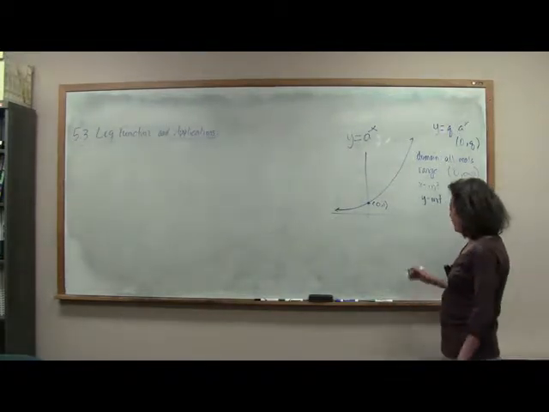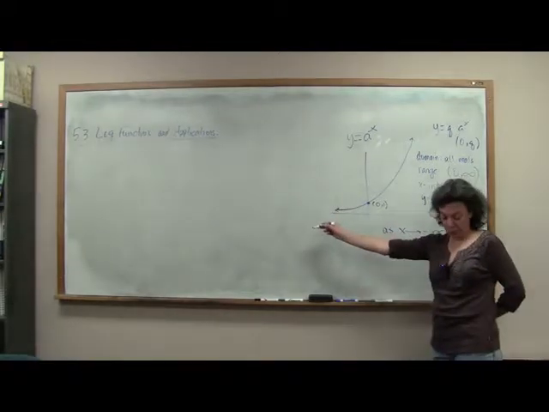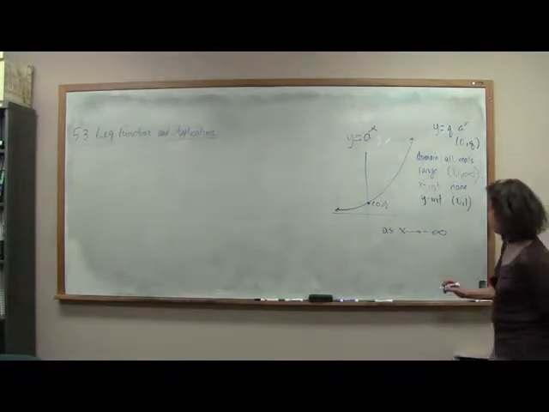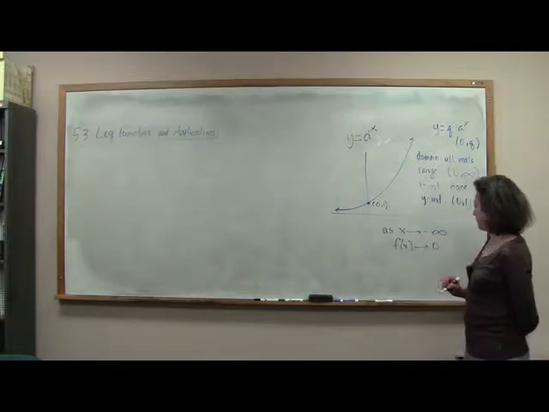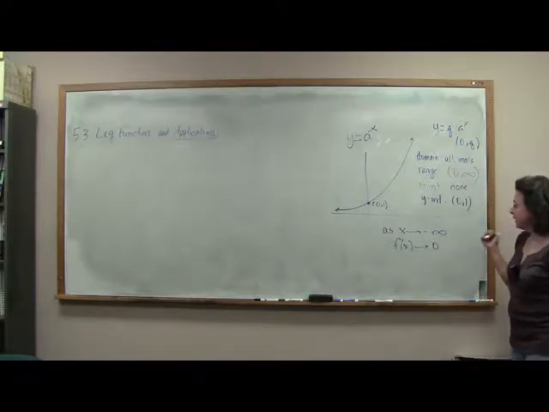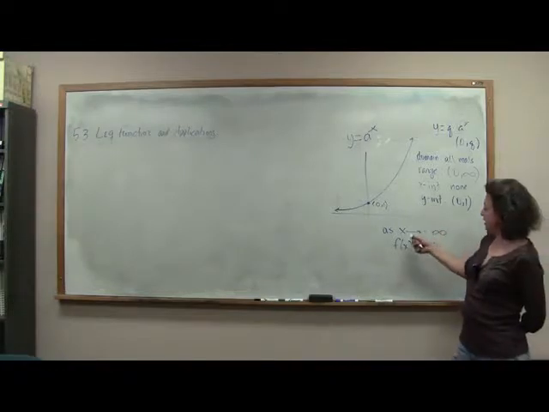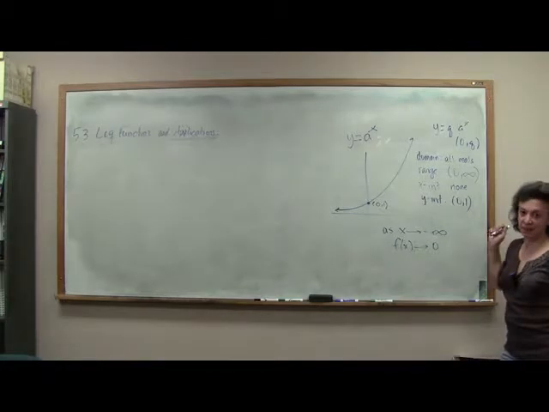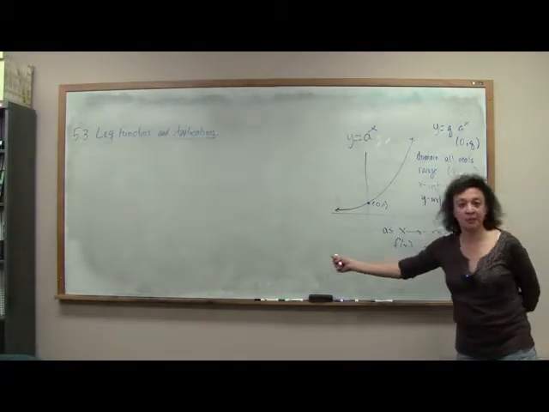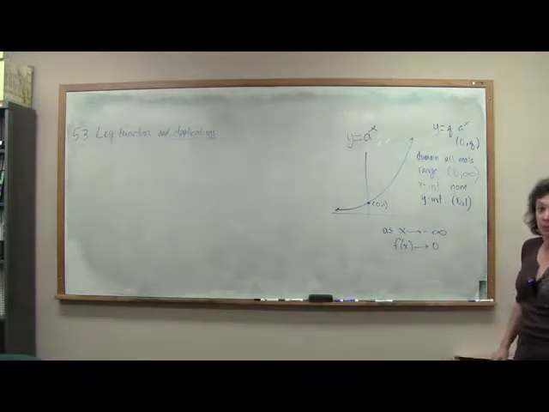And the other thing that we saw is that as x goes to negative infinity, in other words, as x gets really small, our function approaches 0. We said that this is a horizontal asymptote because you have a horizontal asymptote if as x either gets really large or really small, your function values approach a certain number.